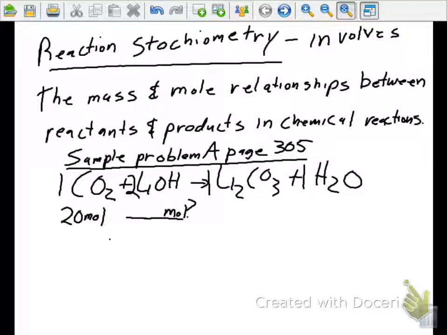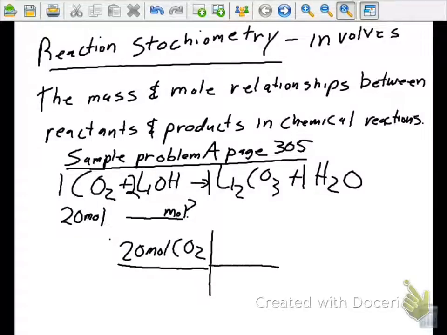So I'm going to put 20 moles of CO2, and then, guess what? Good old conversion. Down here, what unit am I going to put? Moles of what? CO2, so I can cancel them out.